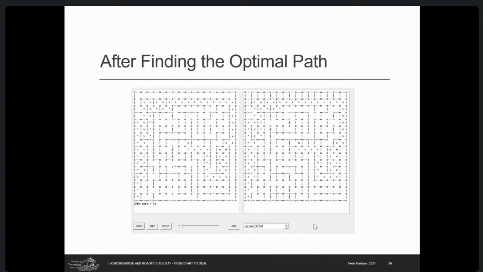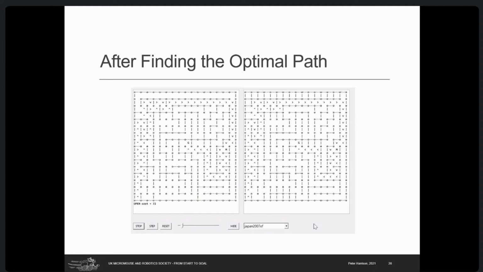And although I haven't put it in this demonstration, the cost in the open maze and the cost in the closed maze, that is the number of cells, is the same in both cases. That is how you know you've finished.